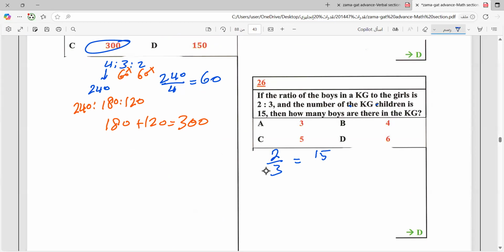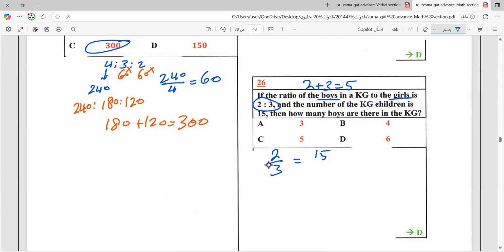Here it gives the ratio of the boys to the girls. We need the ratio for all. What is the ratio for all? You add 2 plus 3 equals 5.